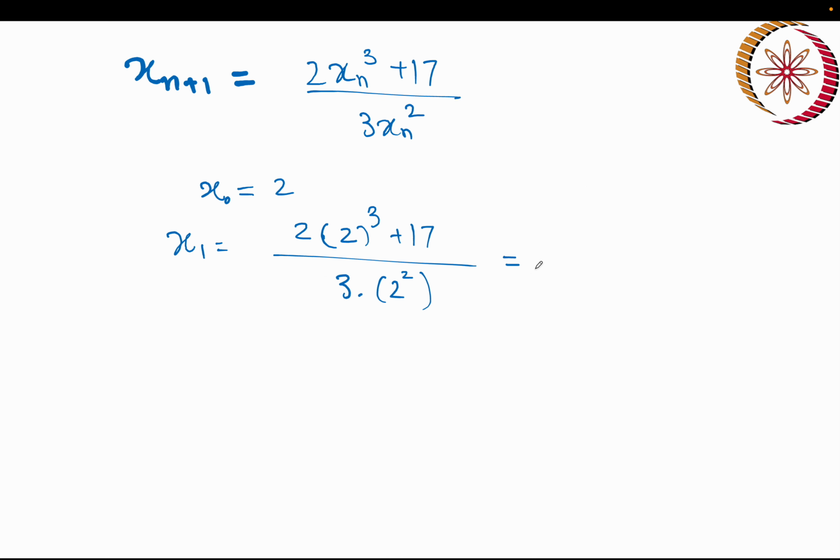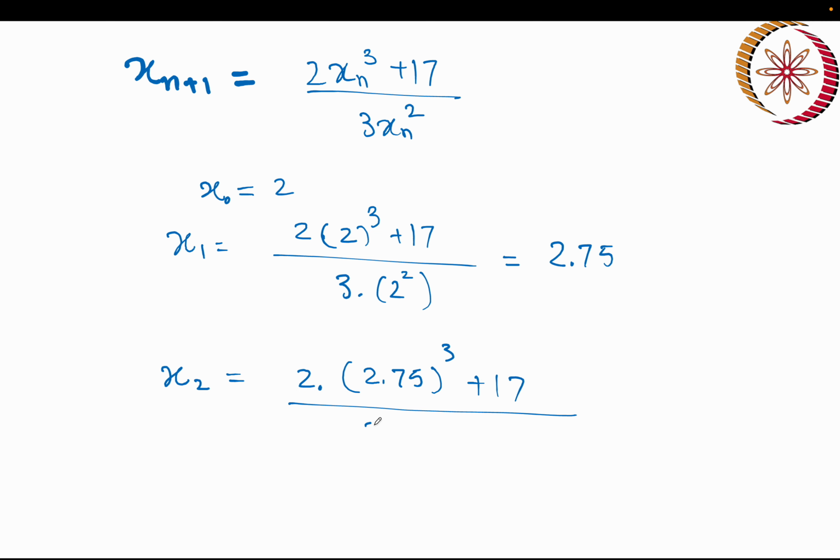And if we go for x2, which is 2 into 2.75 cube plus 17 divided by 3 into 2.75 square.